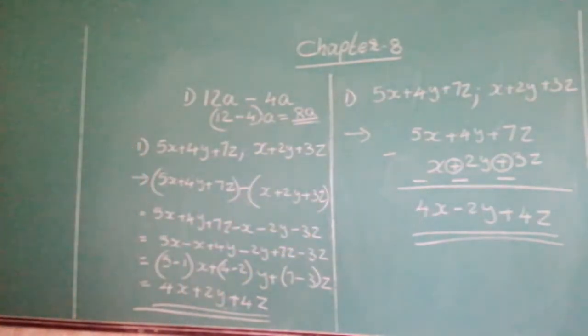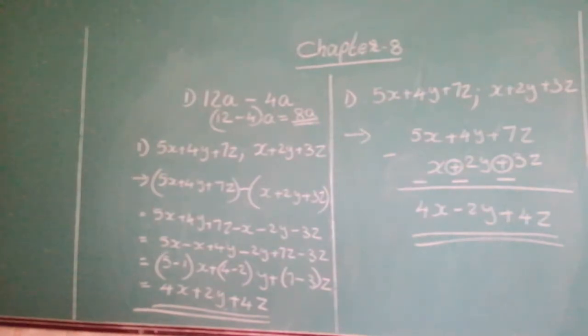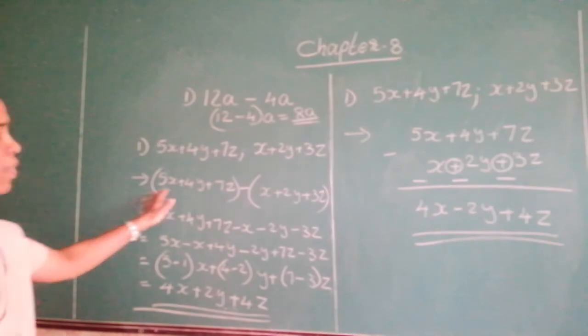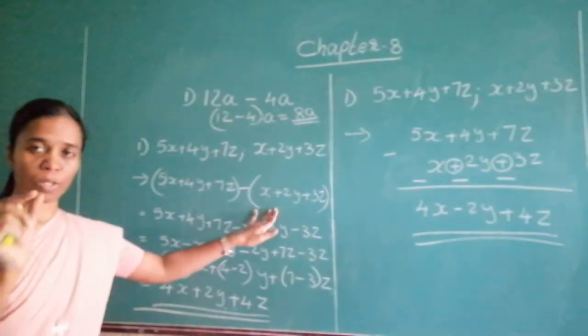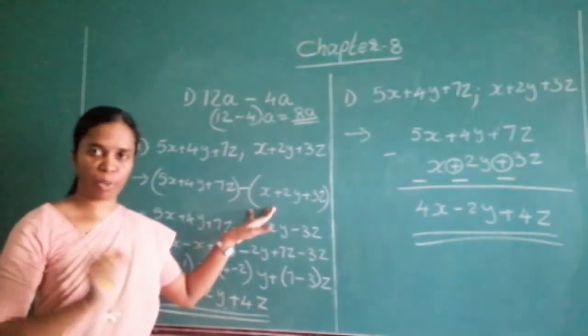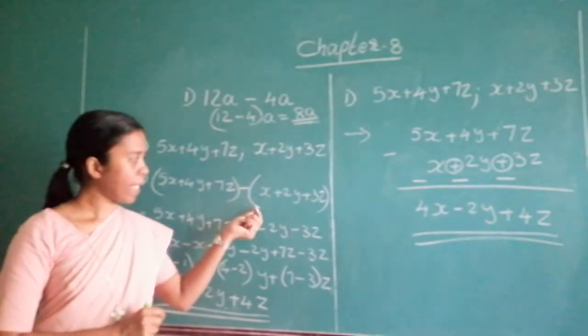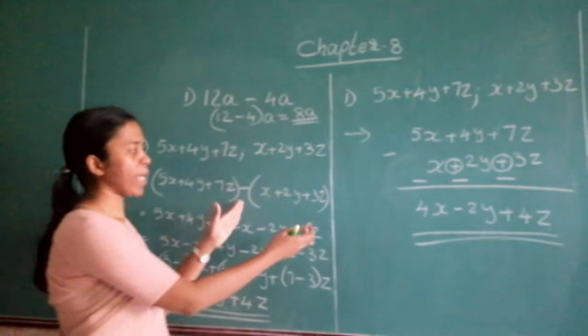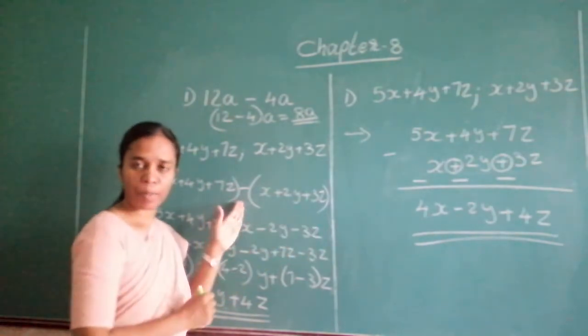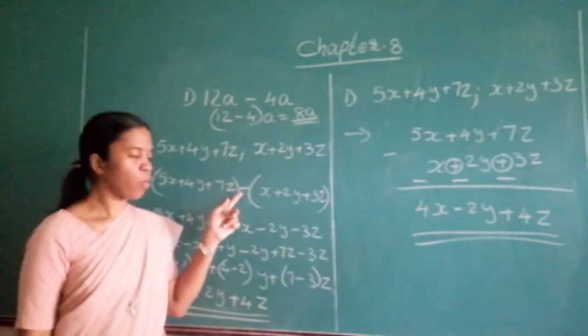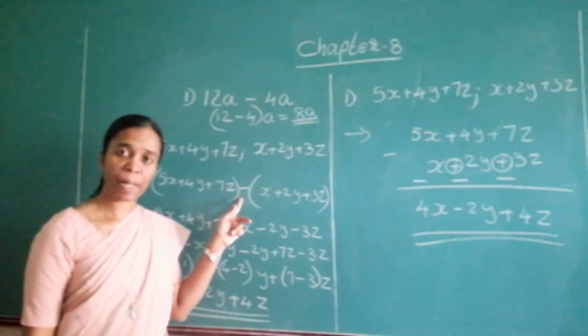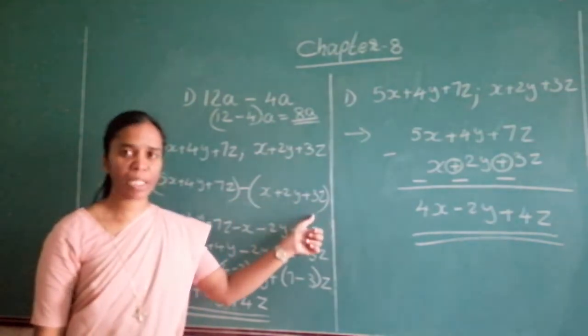Okay, just look at it. Once we have done that, now this step is very important. You have seen the minus and then the bracket. In the bracket there are 3 terms. So whatever is outside the bracket is applicable for every term.